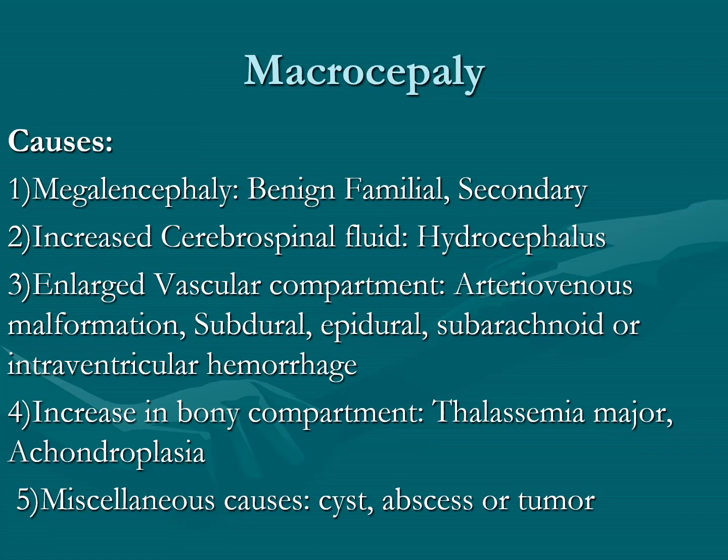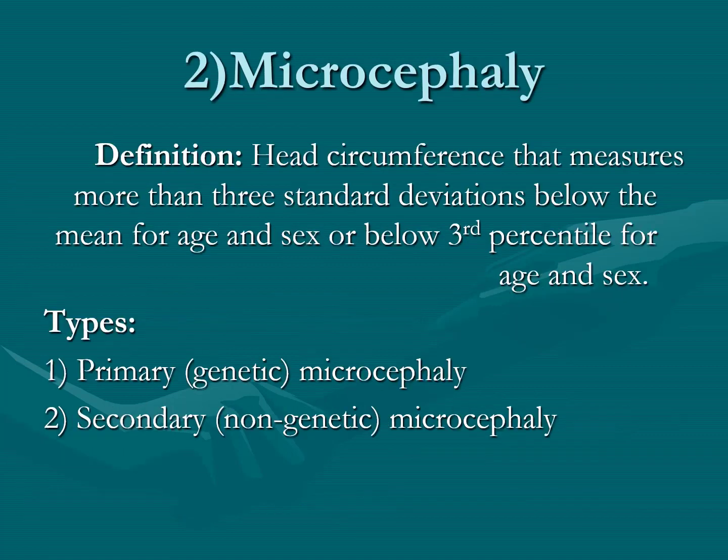Or enlargement of the vascular component, like arteriovenous malformation, subdural, epidural, subarachnoid or intraventricular hemorrhage. Or increase in the bony compartment of the brain, an increase in the size of the skull, as in thalassemia major or achondroplasia. Or miscellaneous causes like cyst, abscess or tumor.